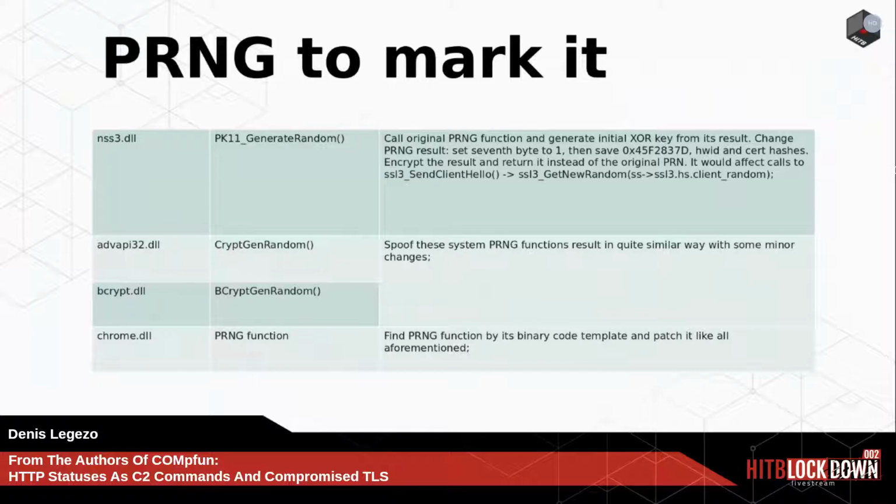What they've done, they just patch the generator of the pseudo-random numbers in memory, in process memory. In the case of Firefox, in the Firefox address space. In the case of the Chrome browser, in the Chrome browser address space, whatever. So the function of the client hello generation field is now spoofed.